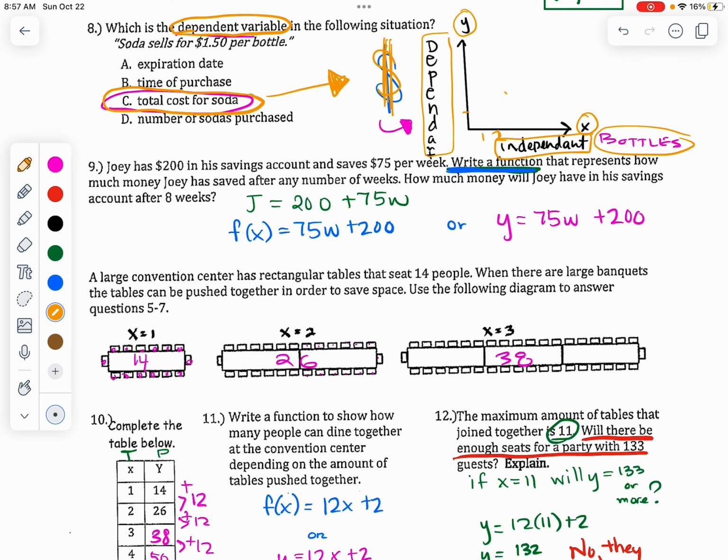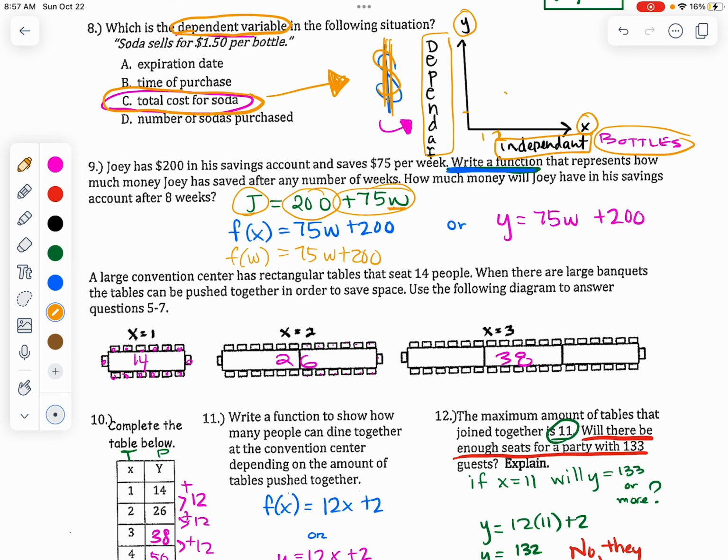So if I do it in chapter 1, I know that Joey has $200 and he's saving $75 per week. And in chapter 3 now, we know this is a function rule, right? Where it's actually f of w, you could say f of w equals 75 times w plus 200, right?